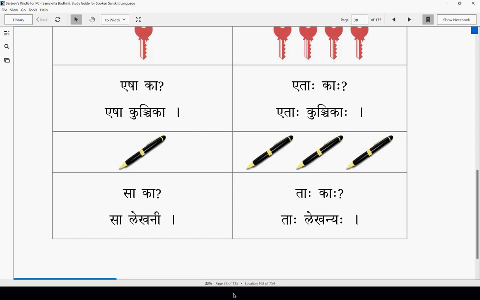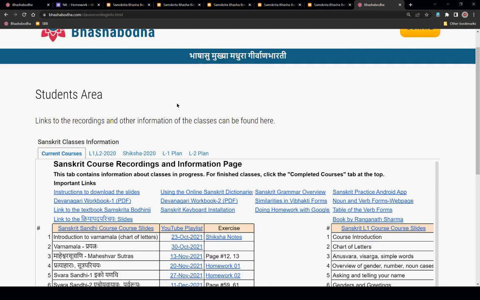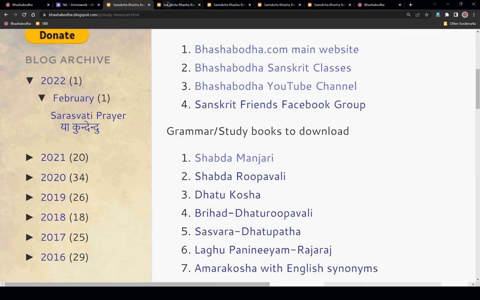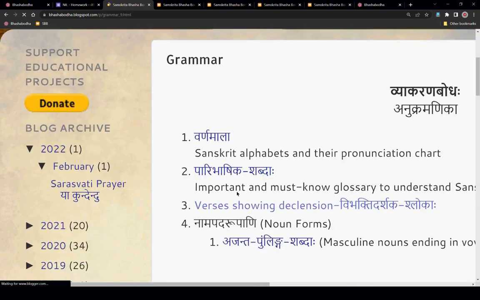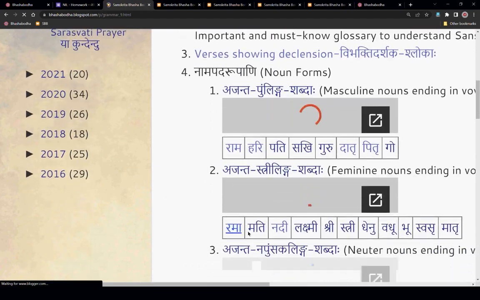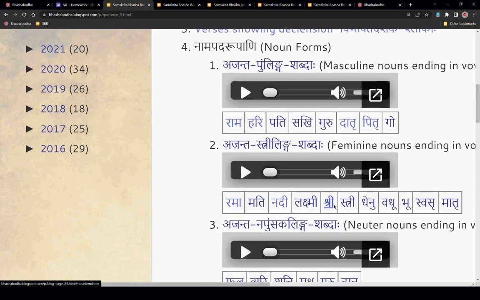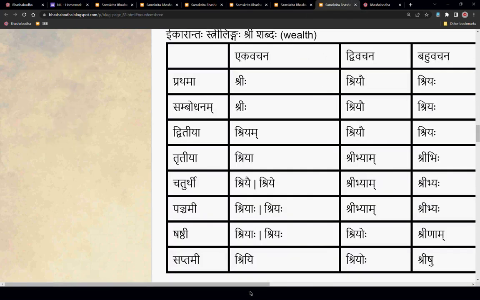So now for Shri, if you look at this, where is it here? Grammar. Shri is also dirgha E, like Nadi, but it is separately listed here because there are slight differences in the vibhakti forms.